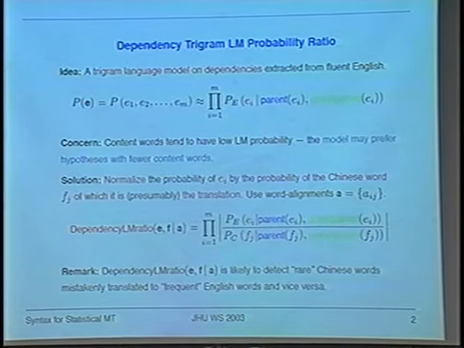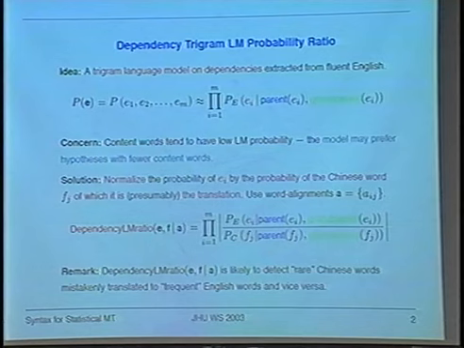As a result, the model might prefer sentences that don't have as many content words, which is a bad thing. So the solution was to normalize the probability of each English word given the probability of its Chinese counterpart, which was extracted from the word alignment. The second equation is basically the same as the first on the top, but now we're dividing by the probability of the Chinese.